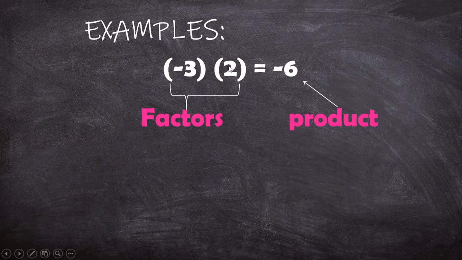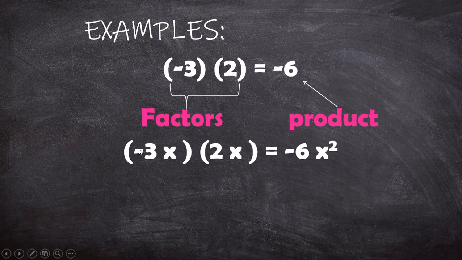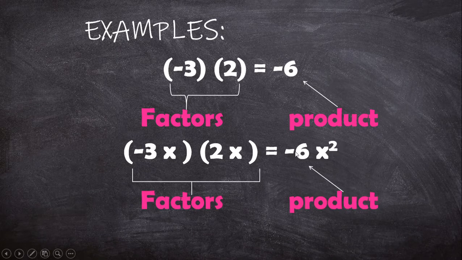So these are the numbers we multiply to get the product. So negative 3 is a factor, positive 2 is a factor, and negative 6 is the product. Next is negative 3x times 2x equals negative 6x squared. So negative 6x squared is the product, and the factors for this product are negative 3x and positive 2x.